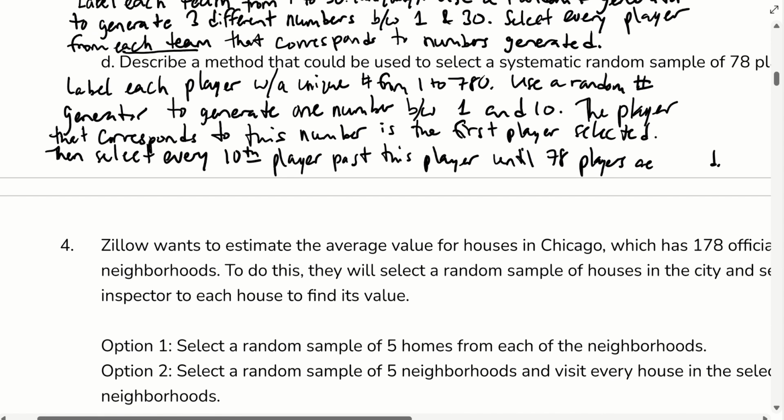Let me rewrite that. Until 78 players are selected. Okay. All right, so let's look at the next question.